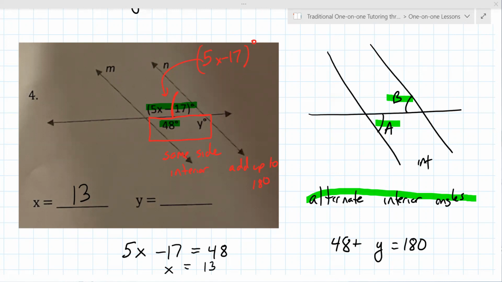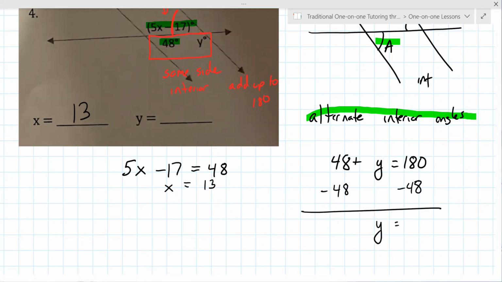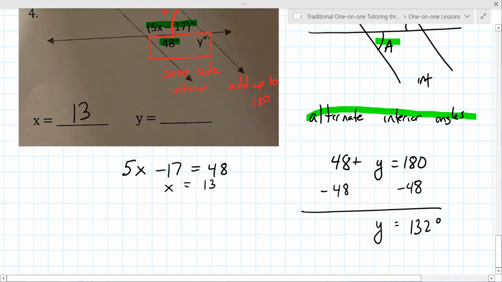You're just subtracting 48 from both sides of the equation. It's less complicated than the previous one. That's 132. Yeah, it's 132 degrees. y equals 132. Yes.